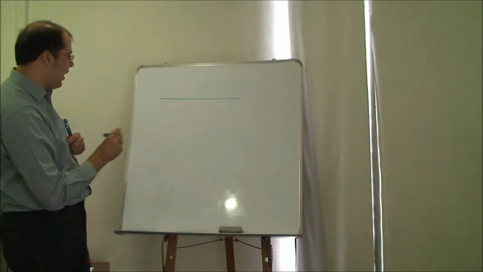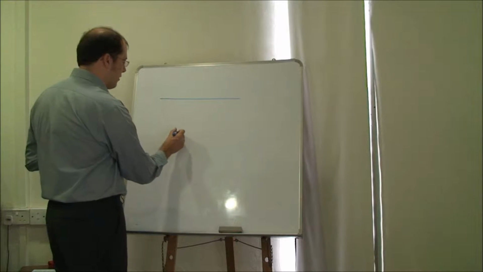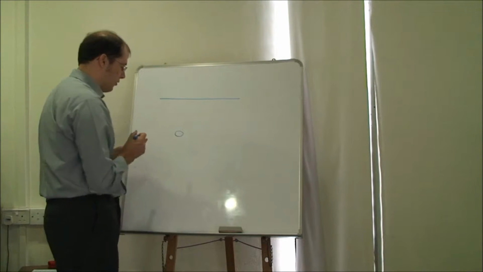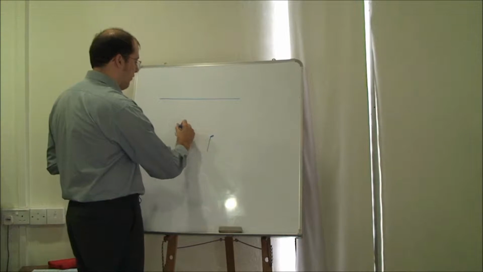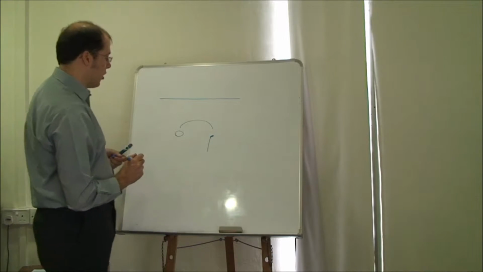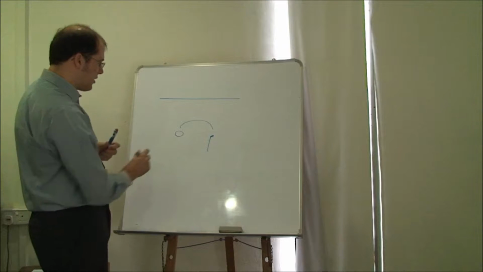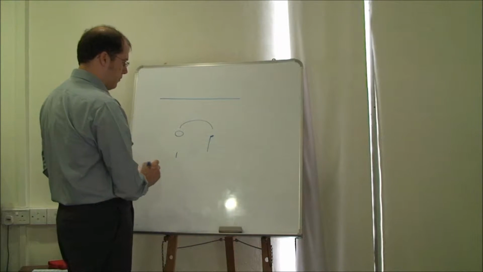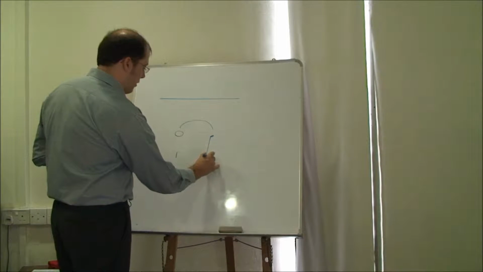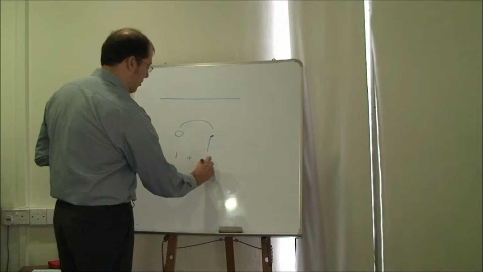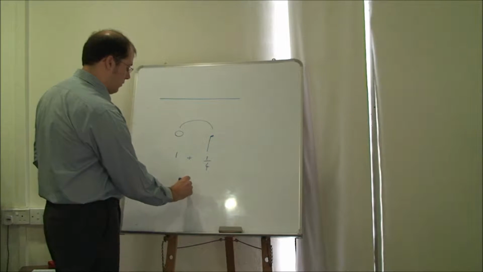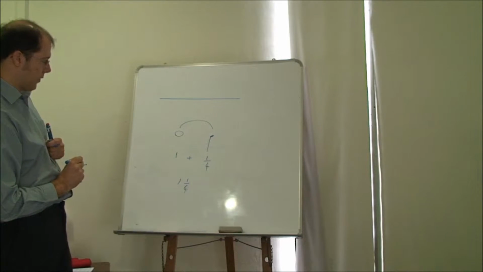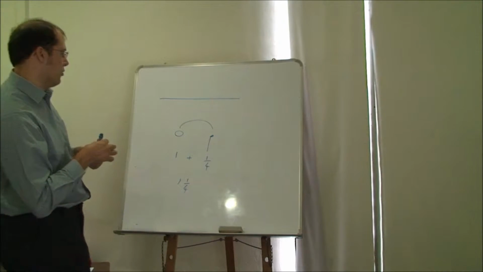A tied note is basically when we take the time value of a single note and add it to the time value of another note. So let's say this one was 1, then this would be 1 and a quarter. And we can add any notes together like that.